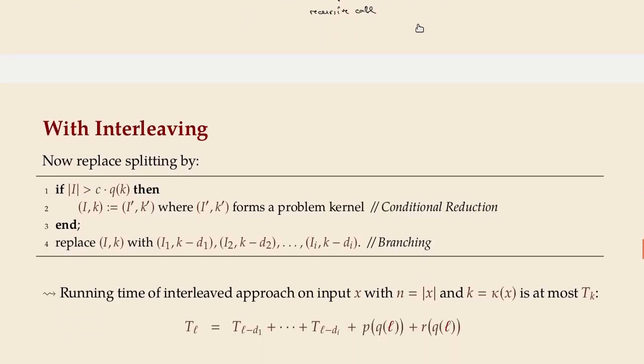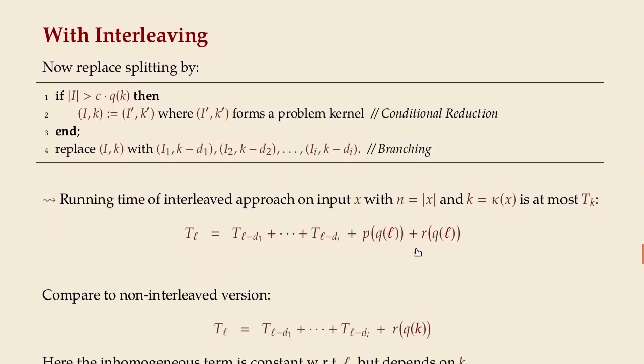Now let's look at the interleaving idea. This is an excerpt of the branching depth-bounded search algorithm, which usually would just look like this. So if you ignore the first lines, then we have some instance and some parameter, and then we split it up into several cases.